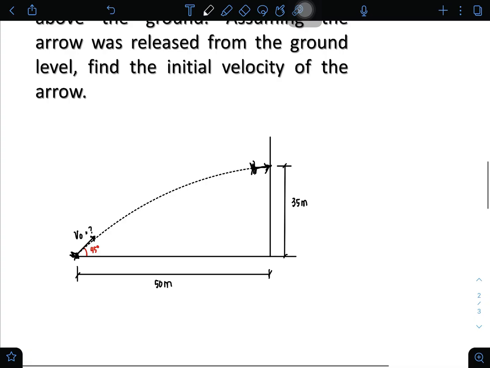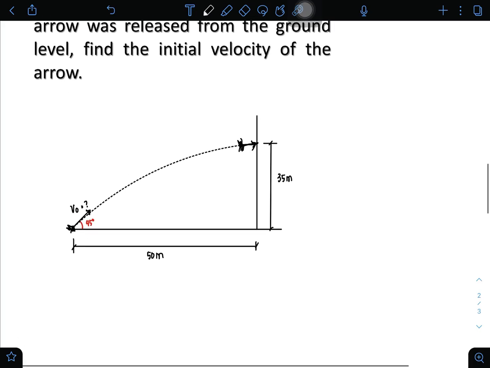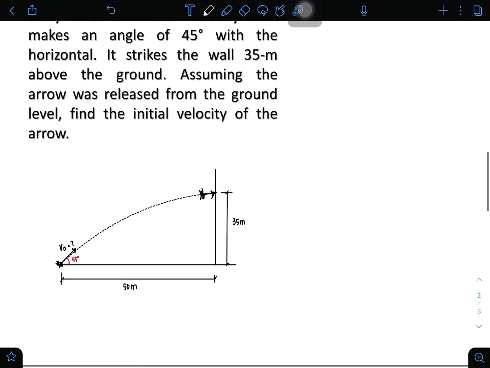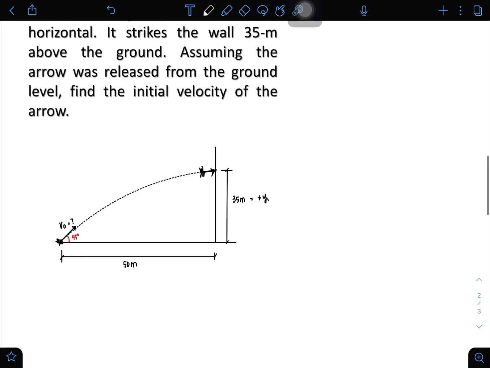And then the question is, what is the value of the initial velocity? Okay, so with this example, we're trying to solve for the velocity, and the only conditions that we have are the distances 35 and 50. So 35 represents the value of positive y. Why is it positive y?